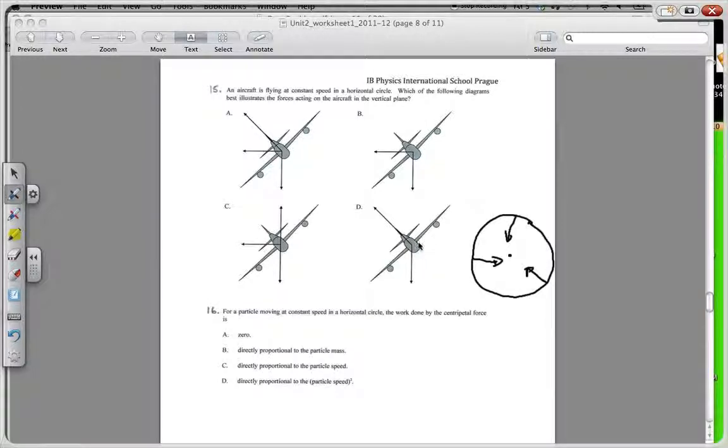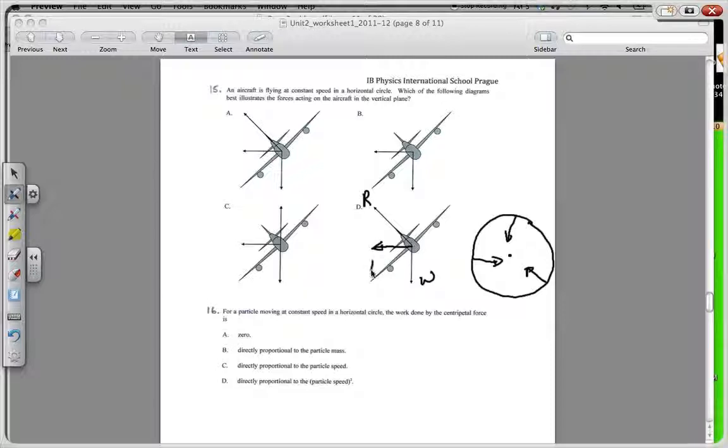So we've got the force W, its weight, and the reaction force of the aeroplane with the air pushing the plane with a certain force. It's actually going to be D. If you have a look at this, the resultant of these two forces is inwards like that.